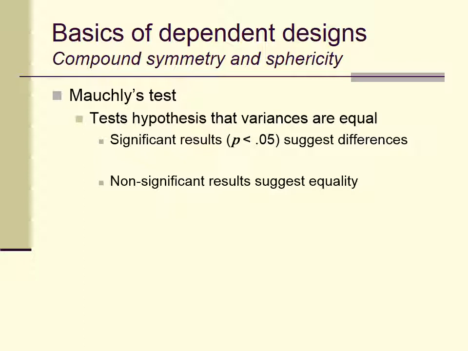And so, like other tests of assumptions, significant results for this test suggest that the differences between the conditions are different in their variances. That is, that sphericity has been violated, or the assumption of sphericity has been violated. Non-significant test results suggest equality, that your assumption of sphericity has not been violated.